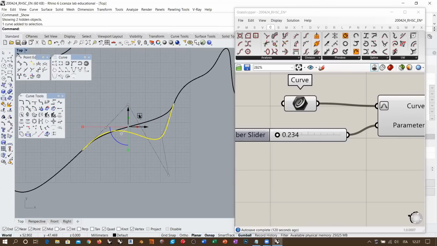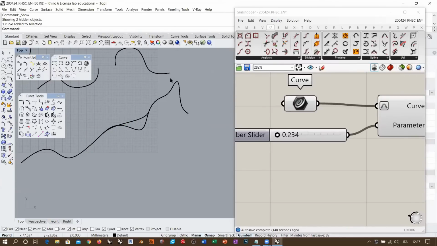Of course, you can also approximate this blend curve with a degree 3 curve. You have some deformation occurring, of course, but in the end, you will get a curve which is easier to represent in real life. Okay, there are some utilities.